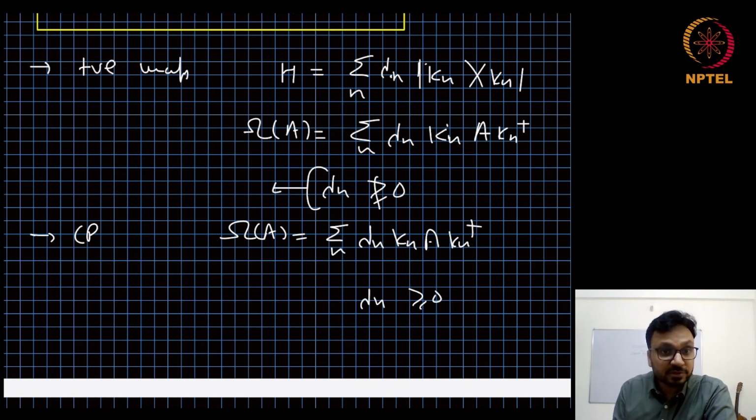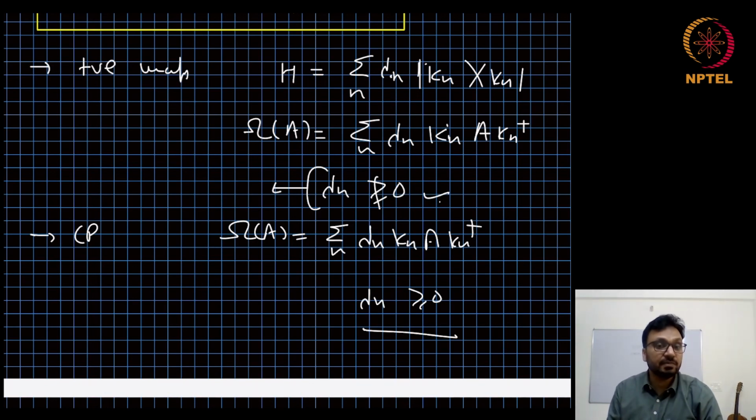But all the positive maps are Hermitian also, so this condition is necessary but not sufficient for all the positive maps. But this is a necessary and sufficient condition for the completely positive map.